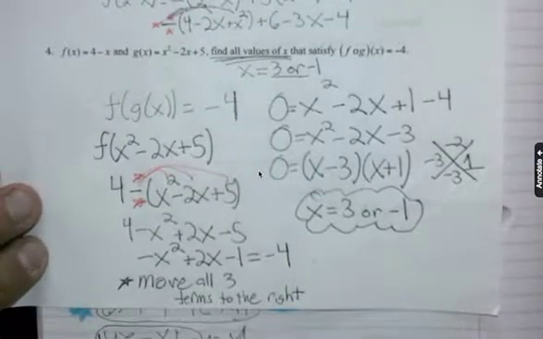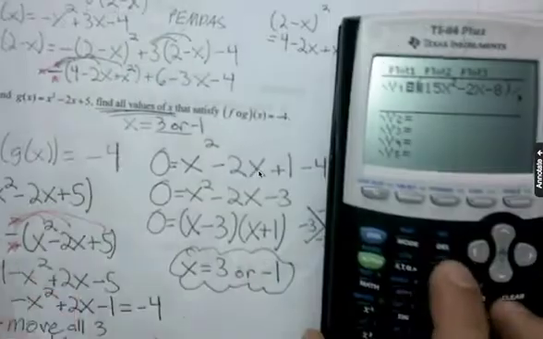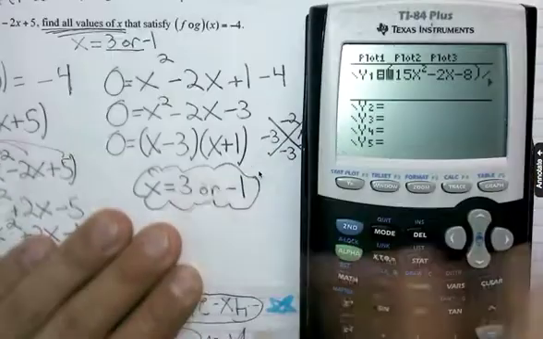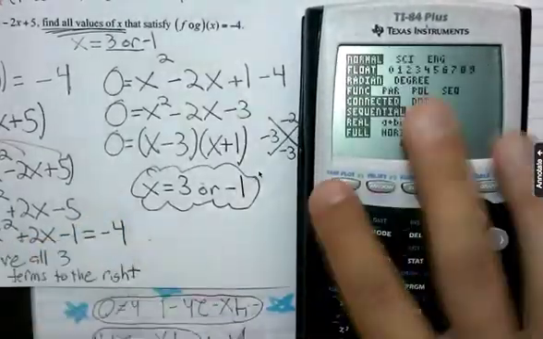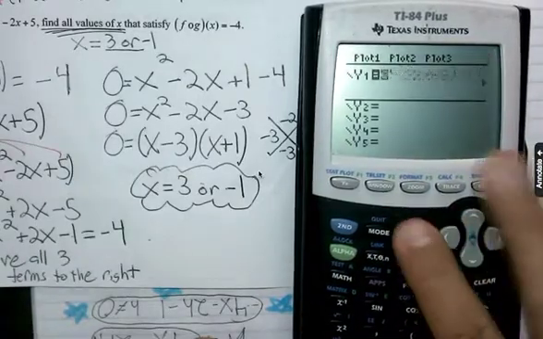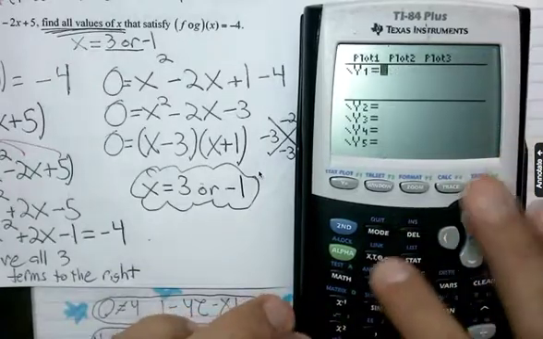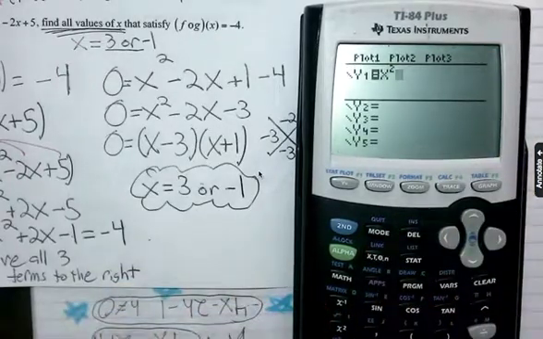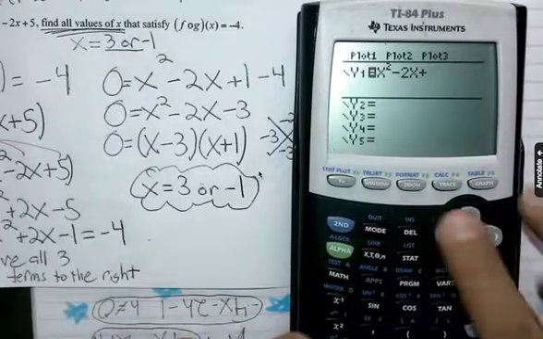If you're not convinced that this works, if you want to go off of the visual, I'm just going to graph out this trinomial here. So we get rid of everything. We have x and we're squaring that. We're then deducting 2x. We're subtracting 3.